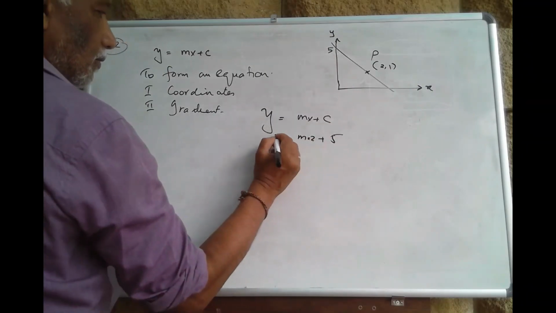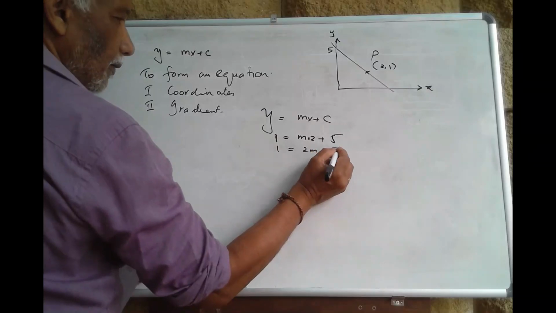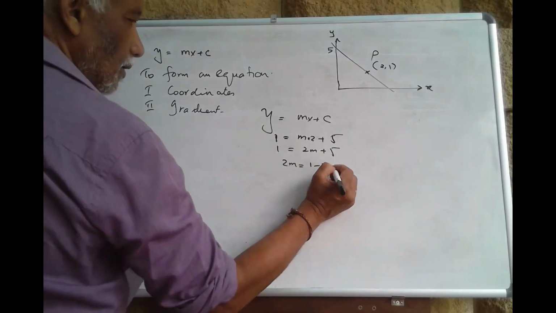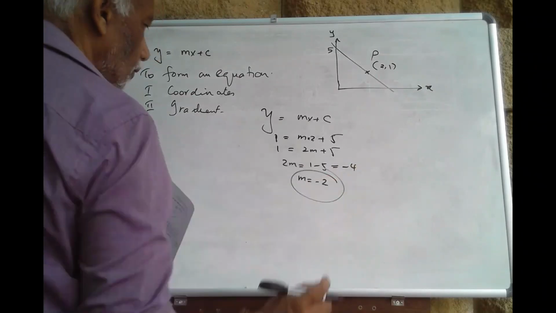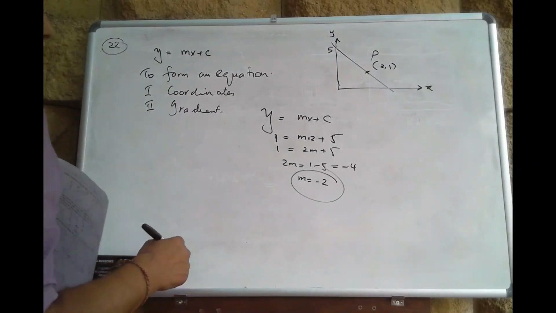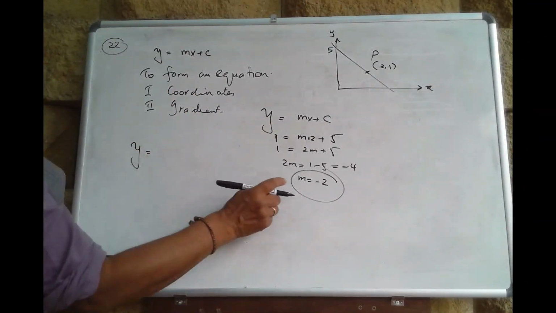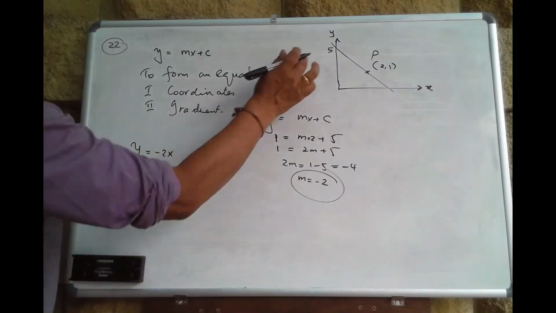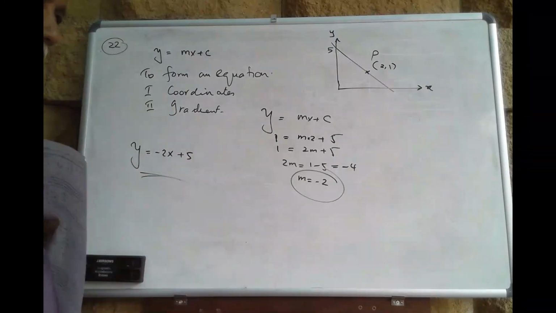So 1 equals 2m plus 5. 2m is equal to 1 minus 5, that equals minus 4. So m is equal to minus 2. So we know everything now, so we can substitute and find the equation. y is equal to minus 2x plus 5. So that is the right answer for that one.